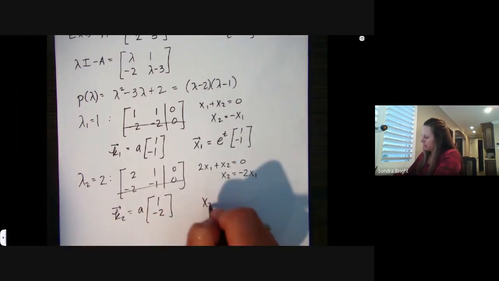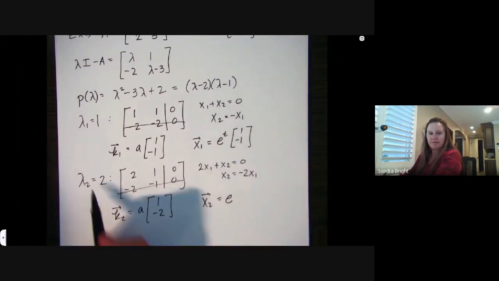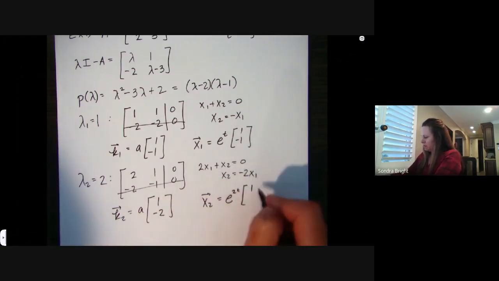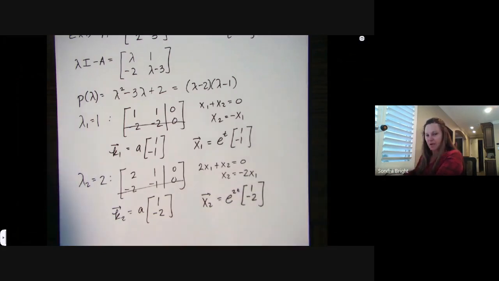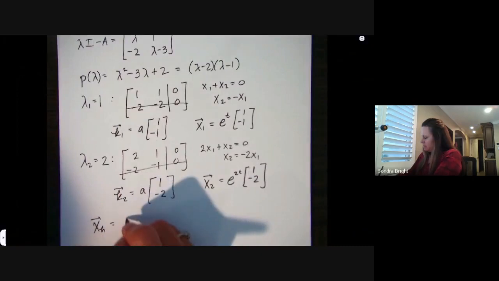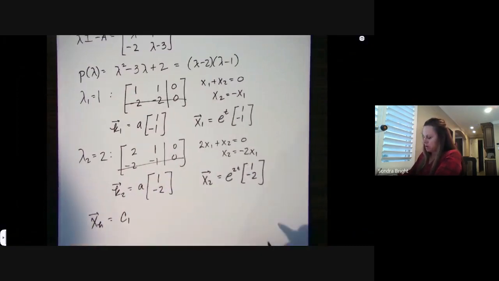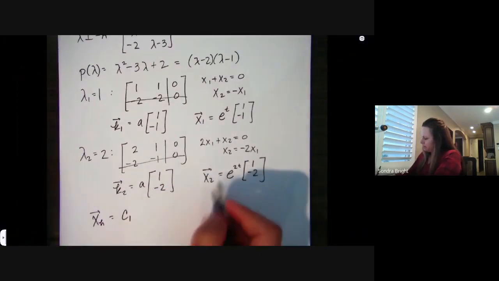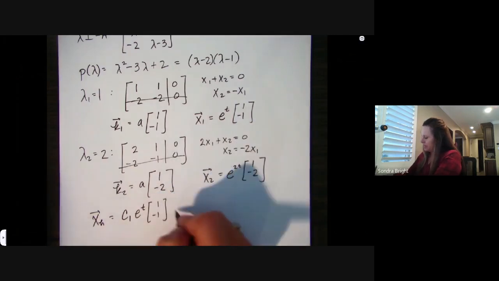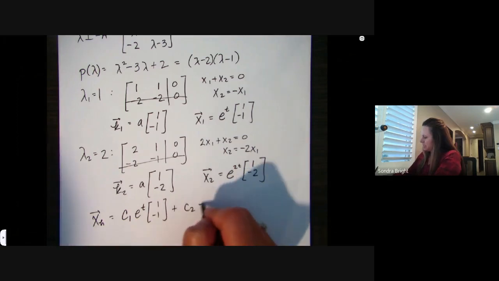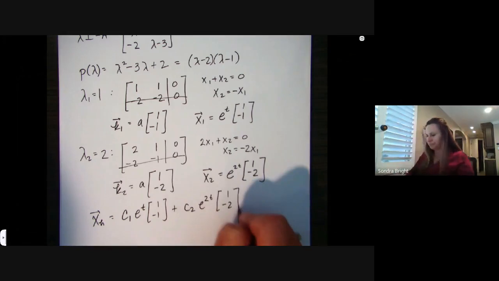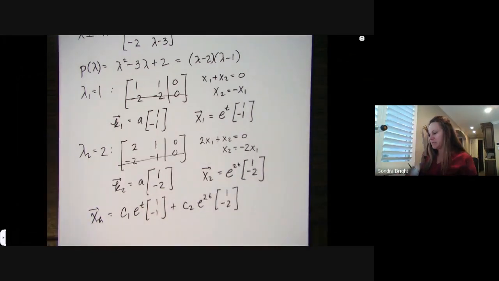So your second solution is e to the 2t times (1, negative 2). Your homogeneous solution is a linear combination: some constant times e to the t times (1, negative 1), plus some other constant times e to the 2t times (1, negative 2).